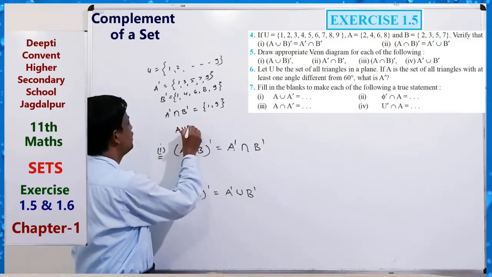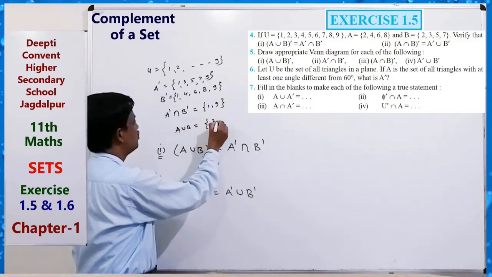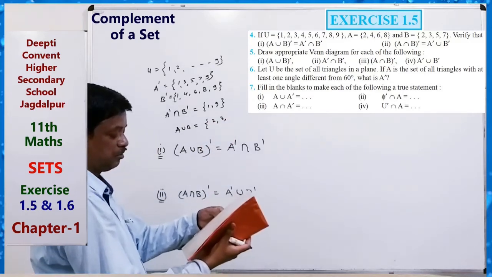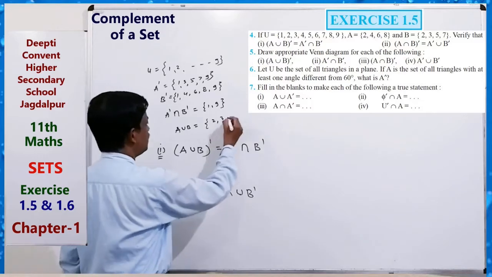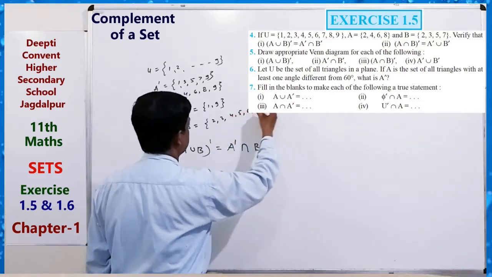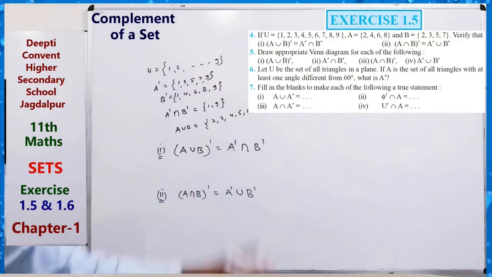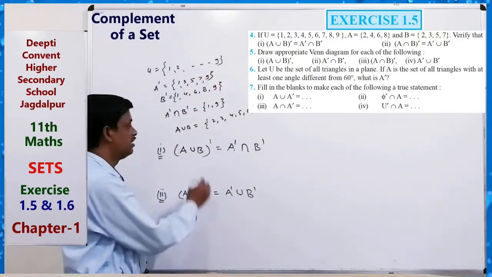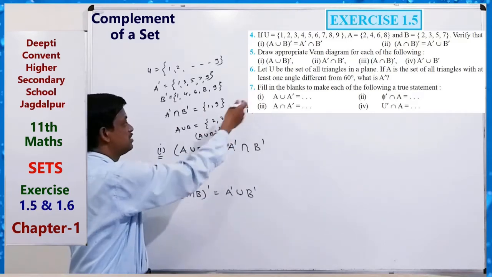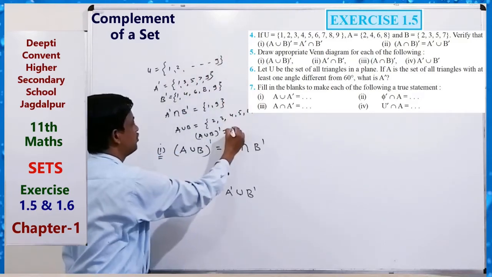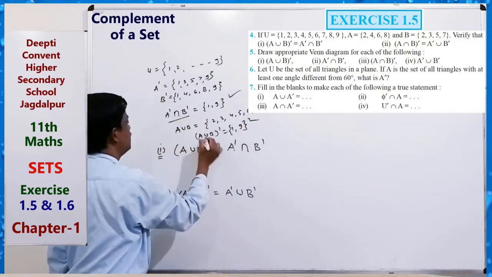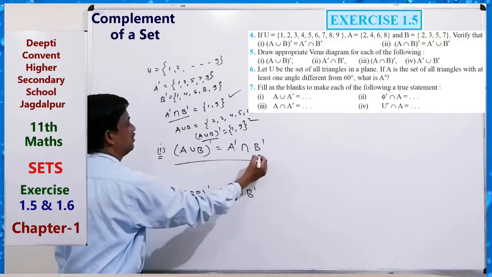A union B is 2, 3, 4, 5, 6, 7, 8. The complement of this will be what? Except this, all the elements: 1 and 9. So we see that both are equal. This and these are equal. Verified.